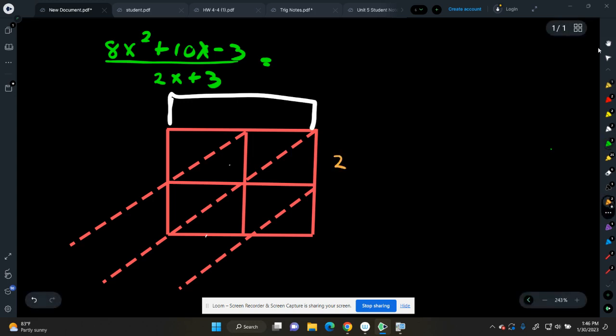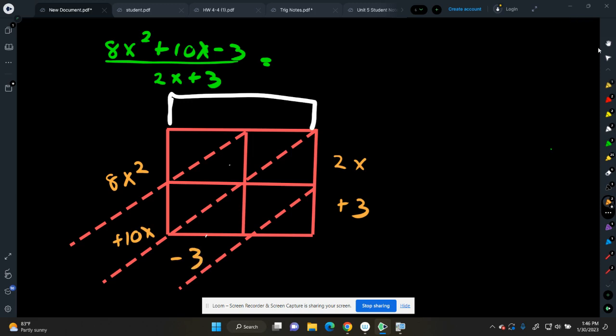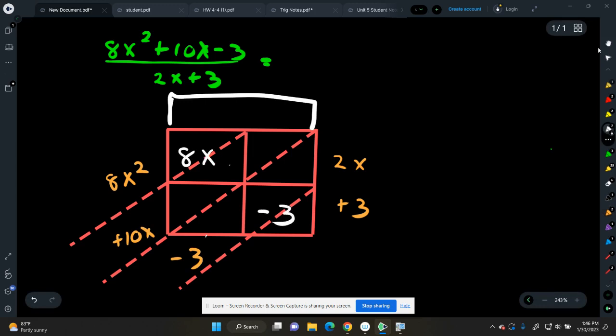So we have 2x plus 3, and 8x squared plus 10x minus 3. Okay, so we're going to fill in our corners. Here we have minus 3, and then up here we have 8x squared. So what did we have to multiply the positive 3 by to make it a negative 3? Negative 1. Put a negative 1 there.